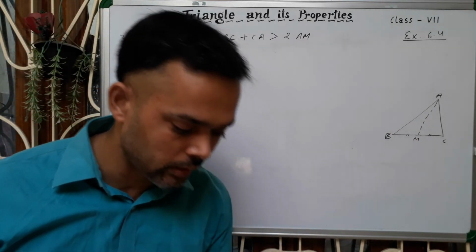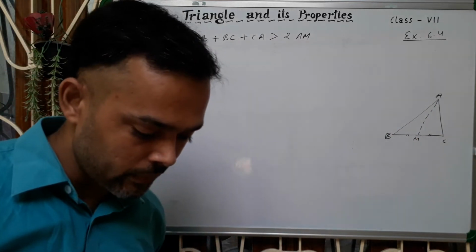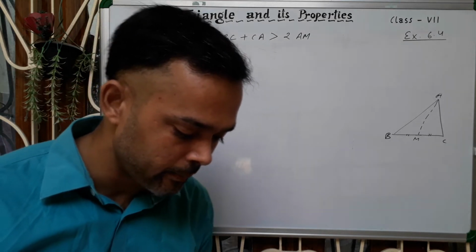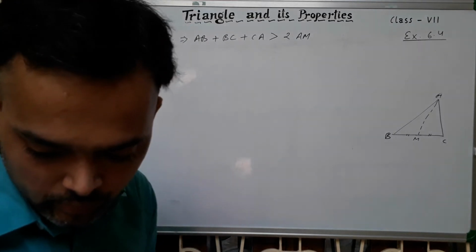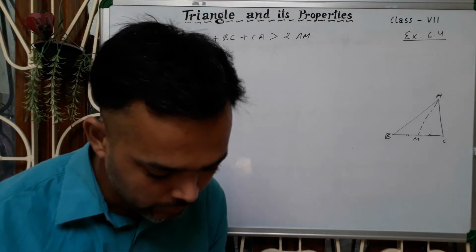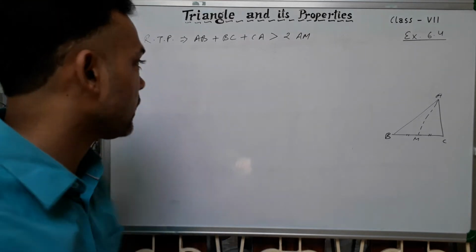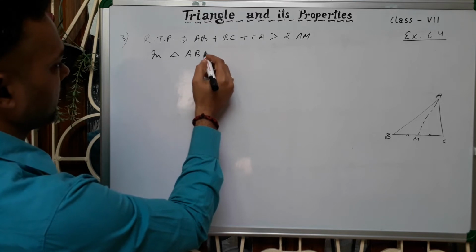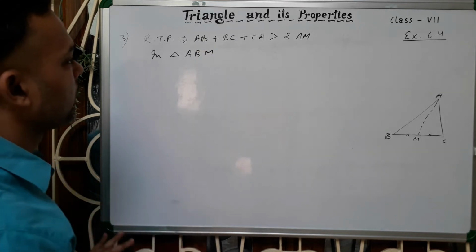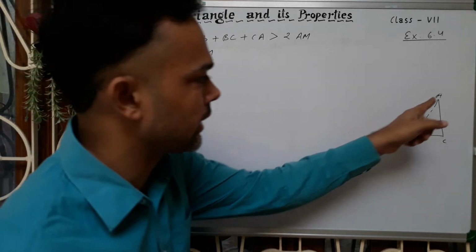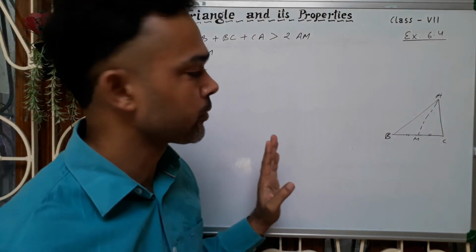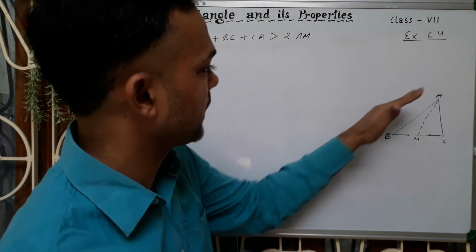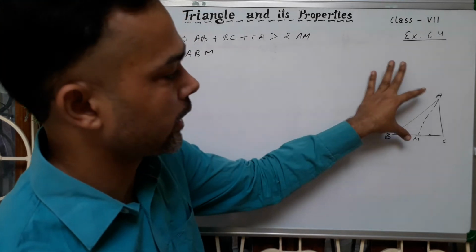In this particular question, a hint is also given: consider the sides of triangle ABM and triangle AMC. So first let us take triangle ABM, that is A, B and M. Here you will observe that AB plus BM will be greater than AM.